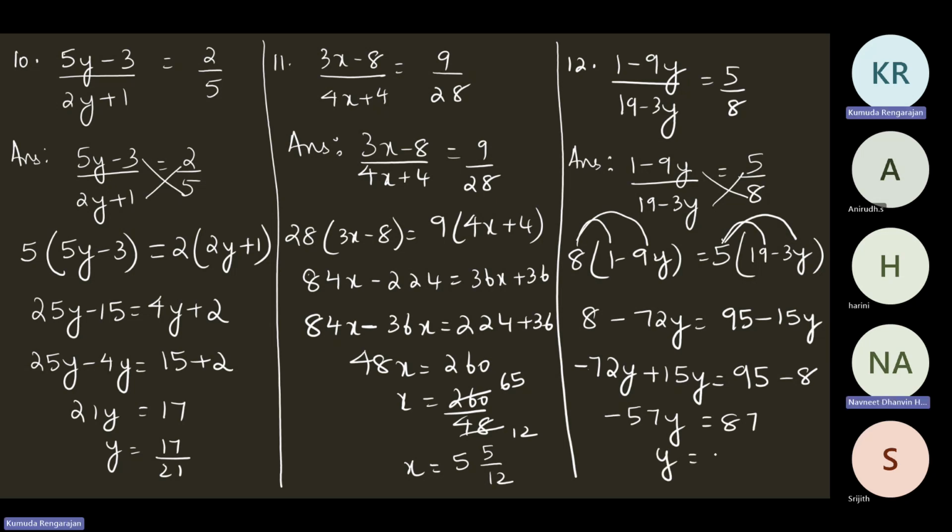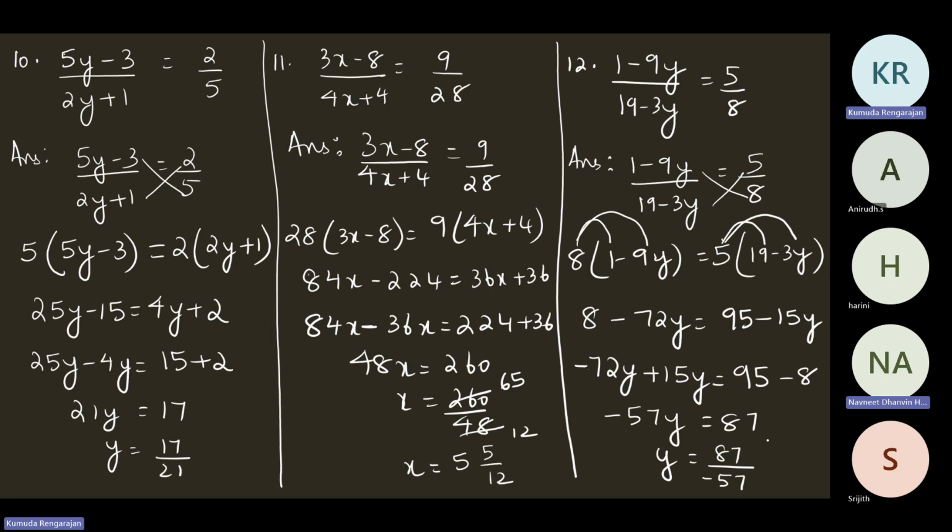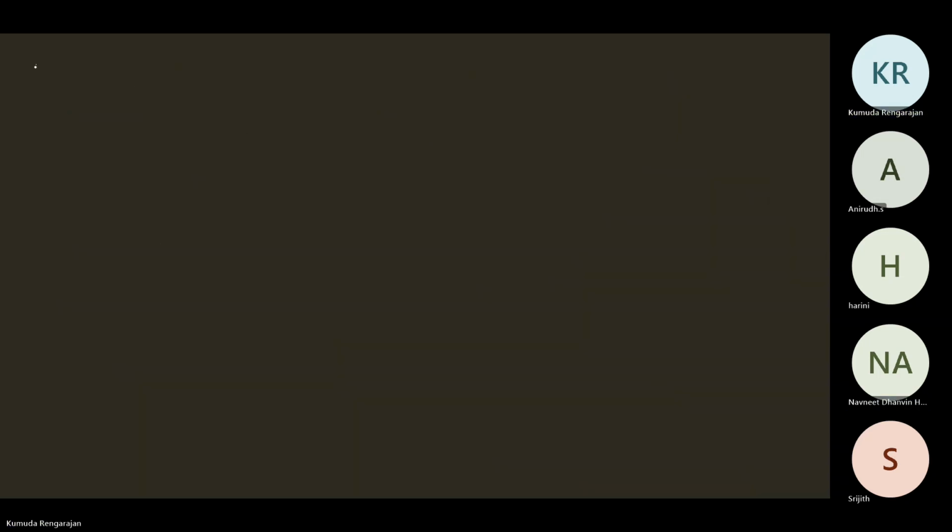So y is equal to 87 by minus 57. Sorry, minus 57. Yeah, is equal to minus 87 by 57. Correct. Okay, next.